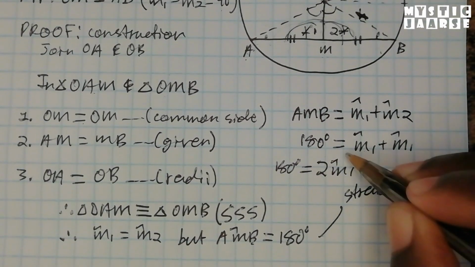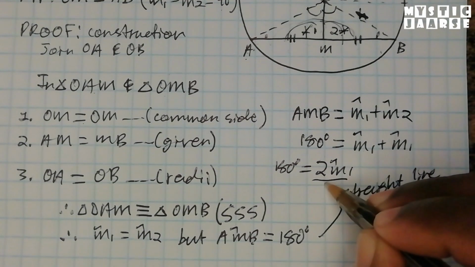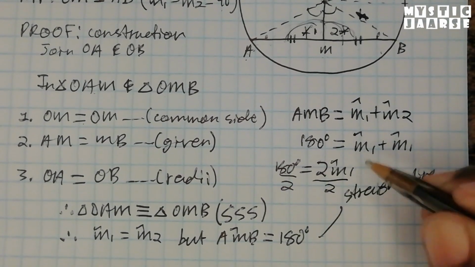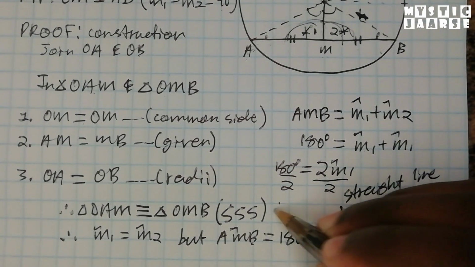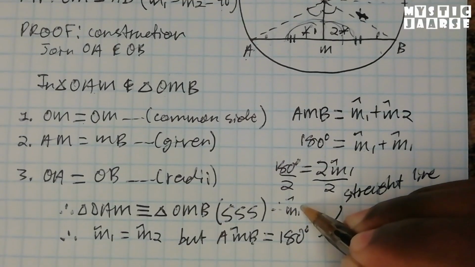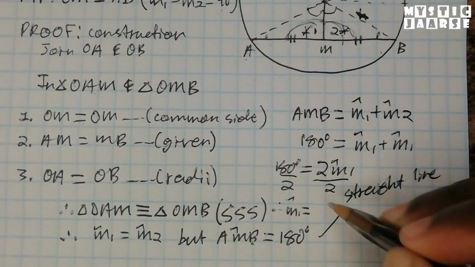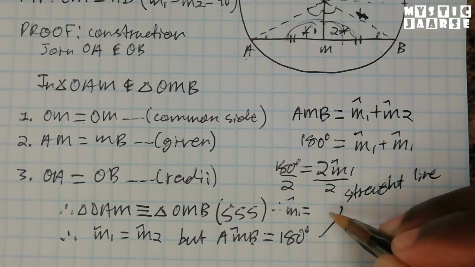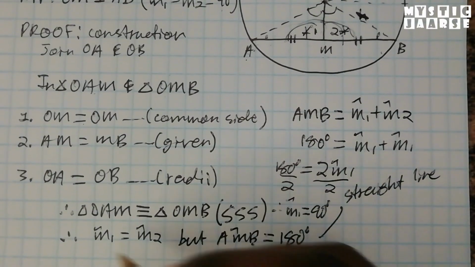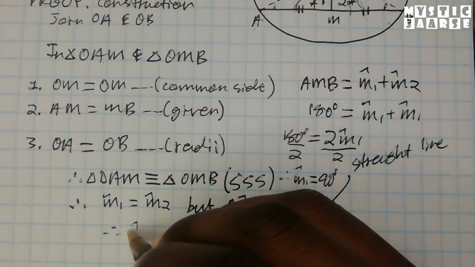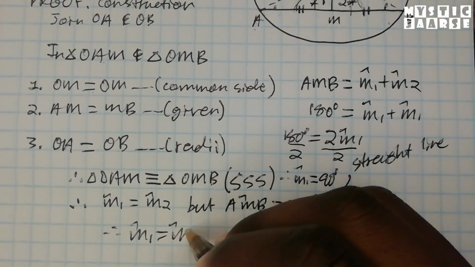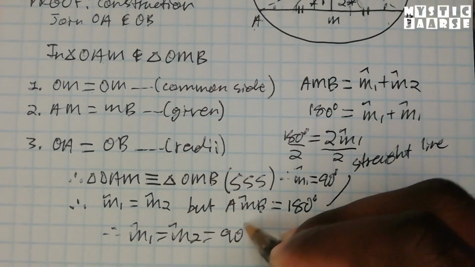So in order for us to solve for angle M1, we divide by 2, divide by 2. Then we find that angle M1 is equal to 180 degrees divided by 2, we get 90 degrees. Therefore, angle M1 is equal to angle M2 is equal to 90 degrees.